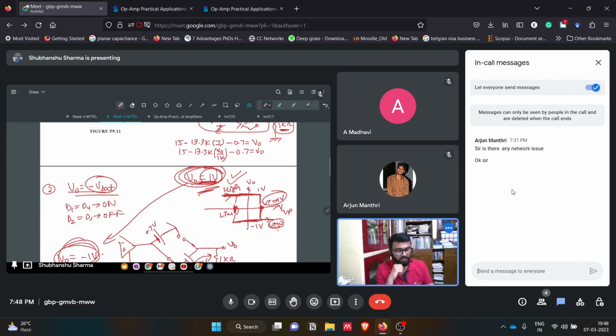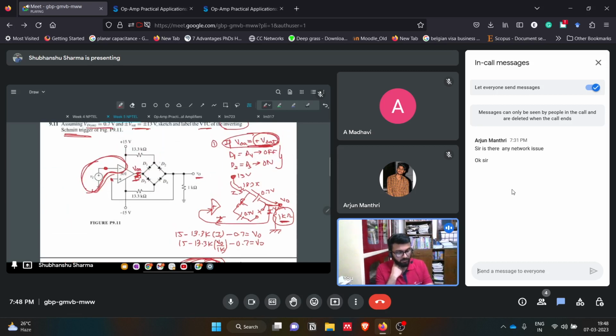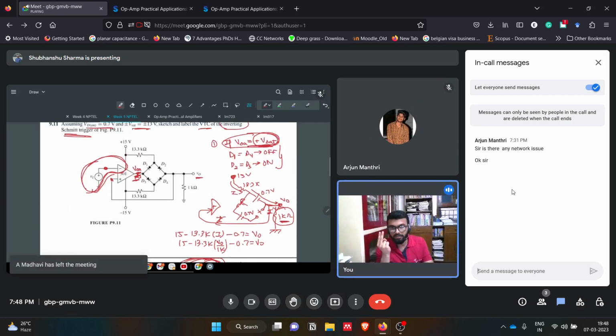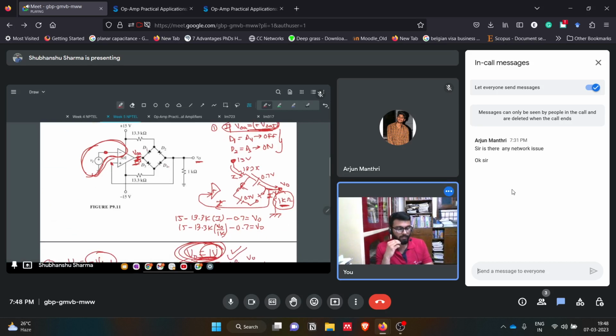That is the first thing. Second thing, the threshold limits will be the output voltage which we achieve when the circuit is on. We have only two conditions here: one is when D1 and D4 are on, the other is when D3 and D2 are on. Okay, that is clear.